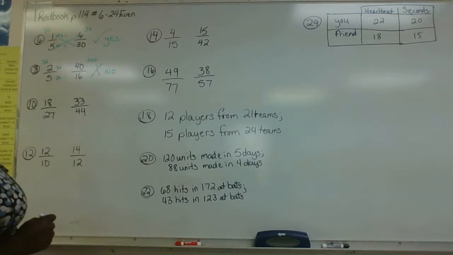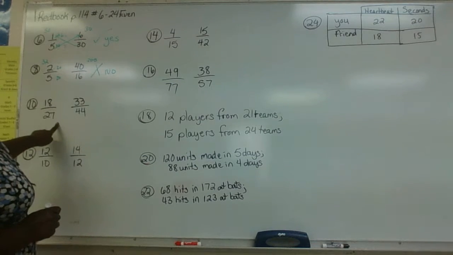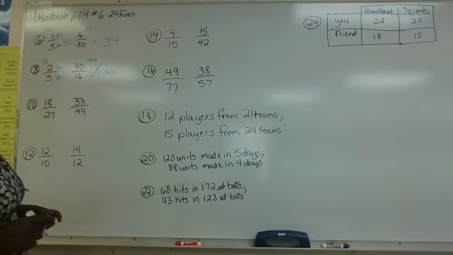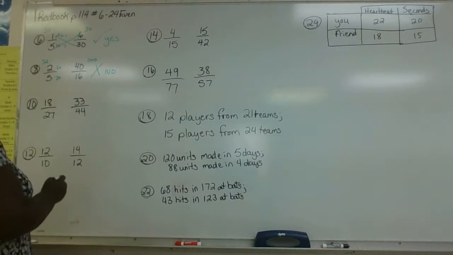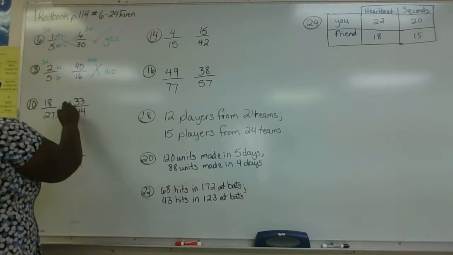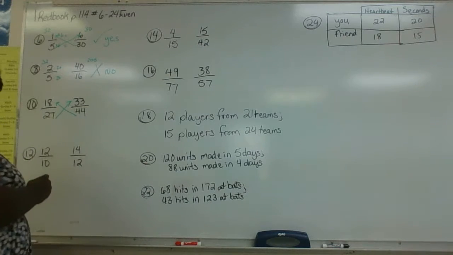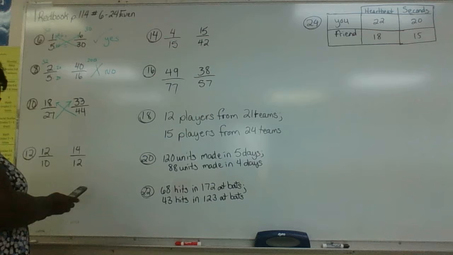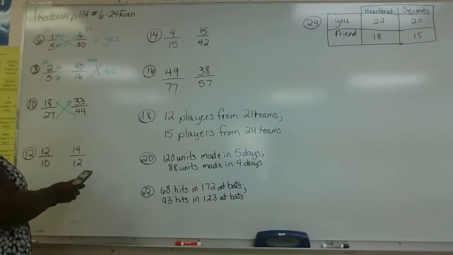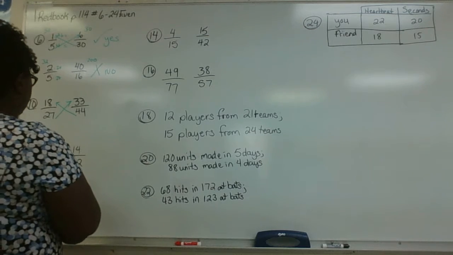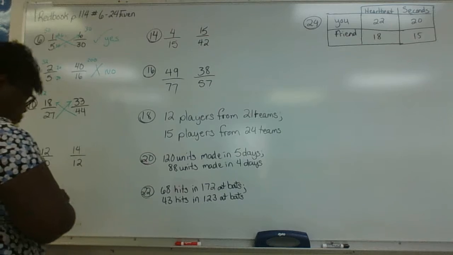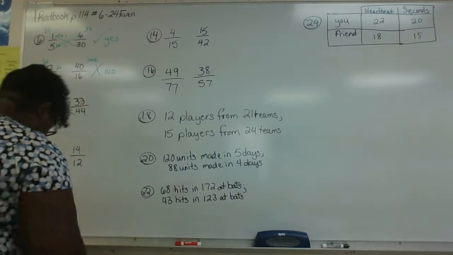On number 10, we have 18 27ths and 33 44ths. So now, we would need to check. We would cross product. Okay? I'm going to pull my calculator out. All right, I have 18 times 44. I have 792. Pardon me.